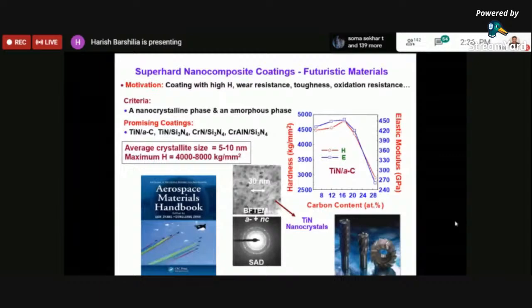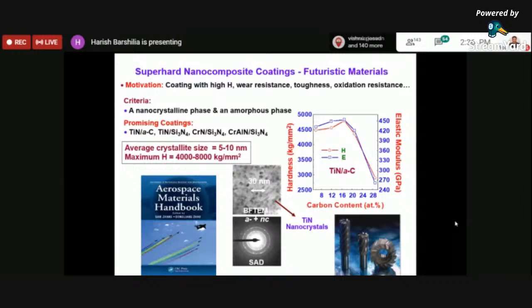At a carbon content of about 15 to 16%, the hardness is as high as about 50 gigapascal, which is very high and close to that of artificial diamond.